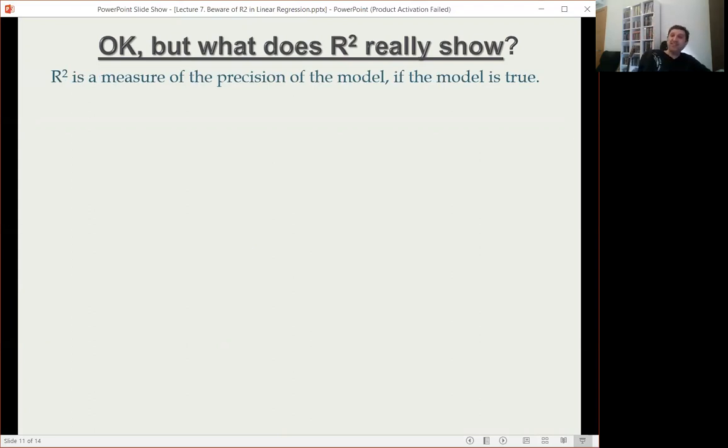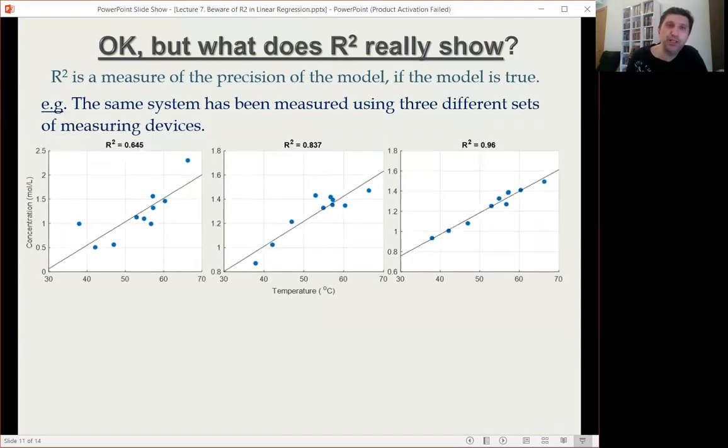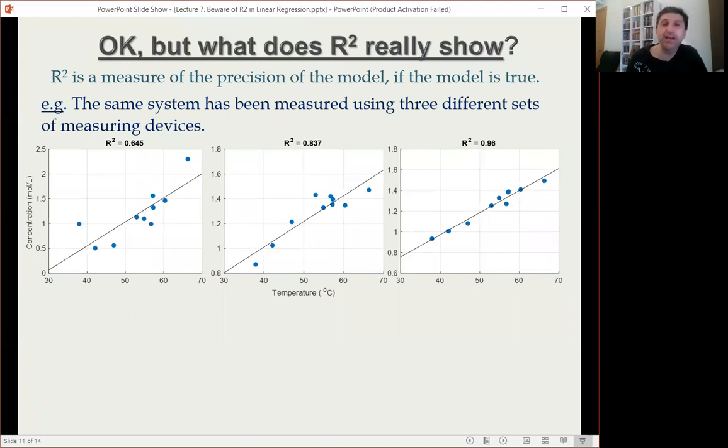So if the model is true, R-square is a measure of the precision of the model. What do I mean by that? To show the whole thing, I'm going to give you 3 different sets of experiments. These 3 sets of experiments have been conducted on the same reactor, let's say, and in this reactor, we take concentration versus temperature measurements.